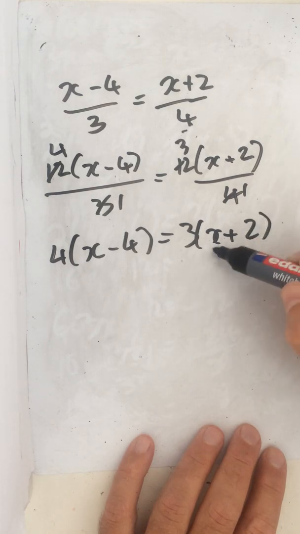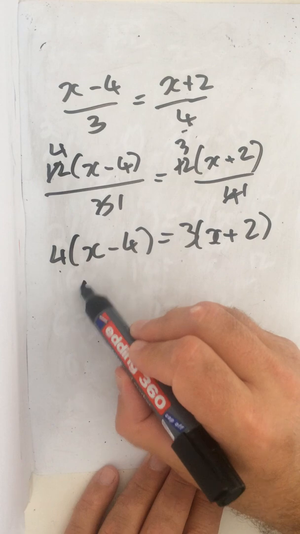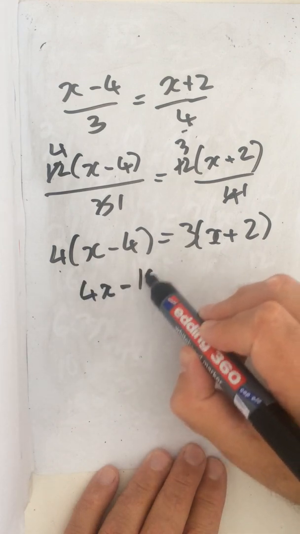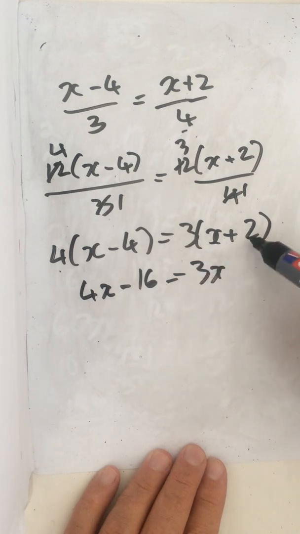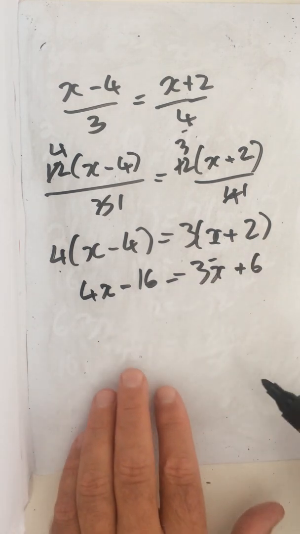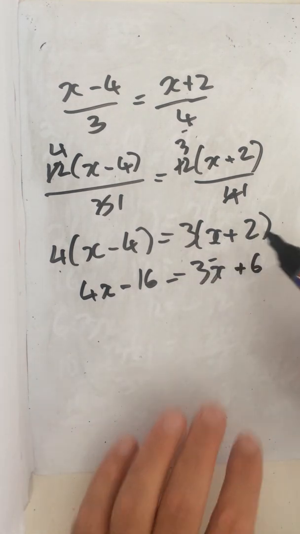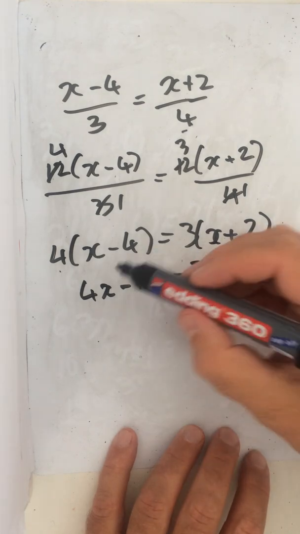x plus 2, and I'm going to multiply whatever's outside the bracket by whatever's inside. So 4 times x, 4x, and then minus 16 is equal to 3x, 3 times 2, positive 6. Then I just want to be left with x, so I'm going to look for the smallest value. We'll do one more after this, but it's slightly different.